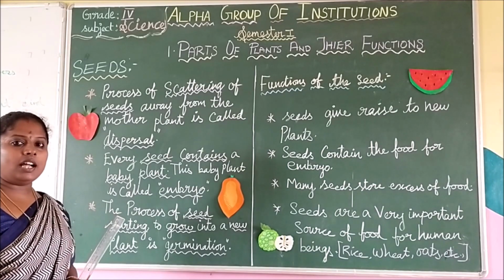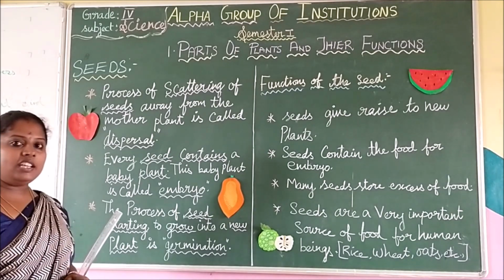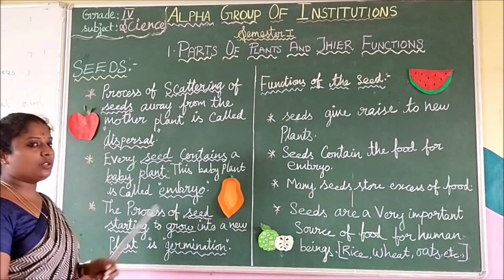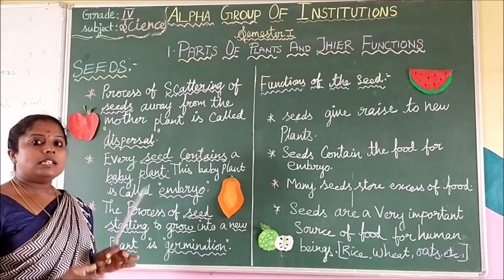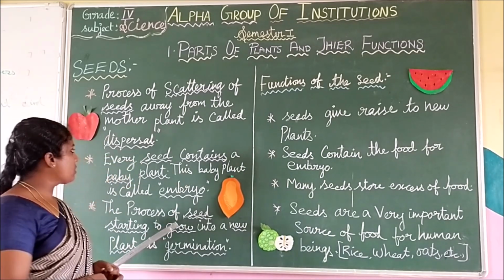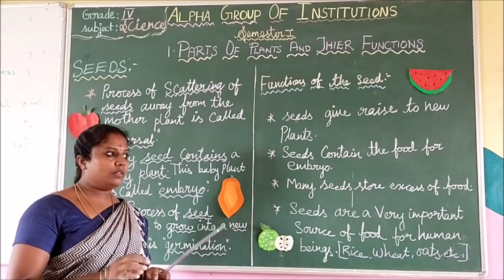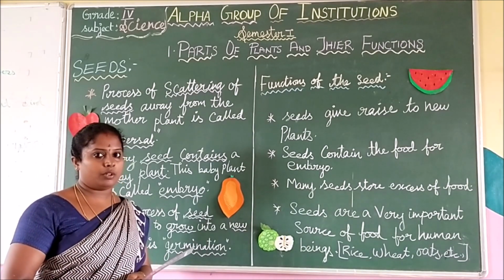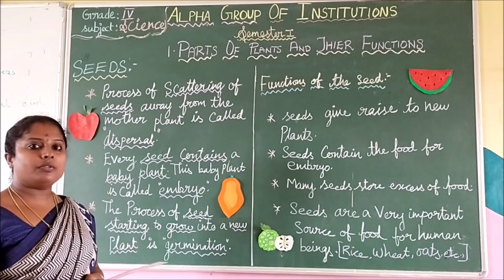We have learned already about fruits. From fruits, we are getting seeds. Yes, now we are going to see about seeds. Seeds: the process of scattering of seeds away from the mother plant is called dispersal. So how does it get scattered, how does the seed come out from the fruit?